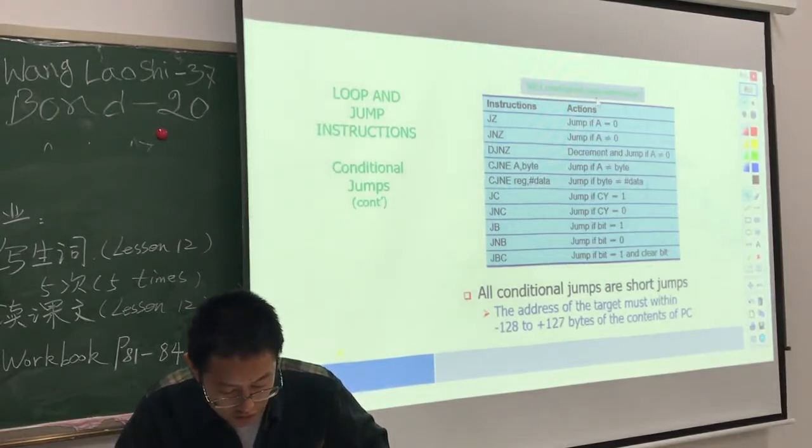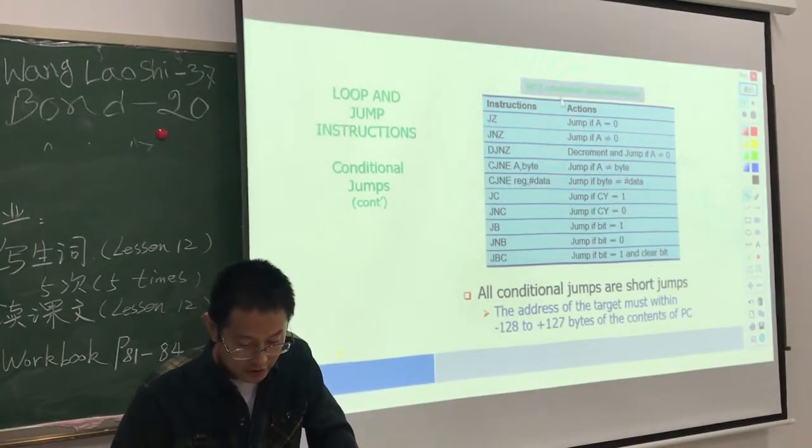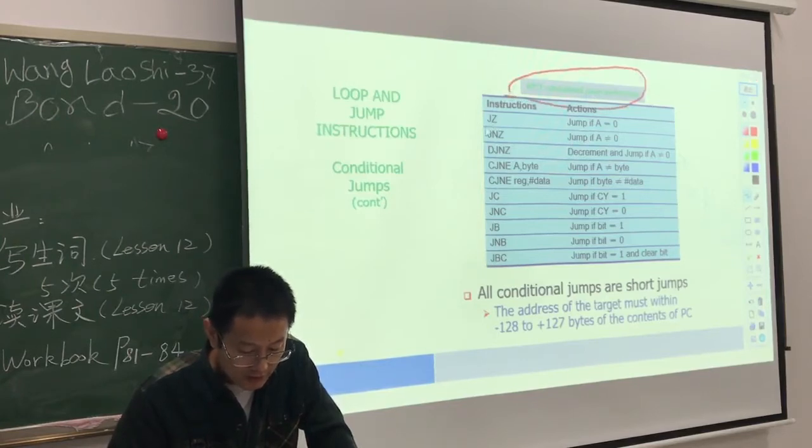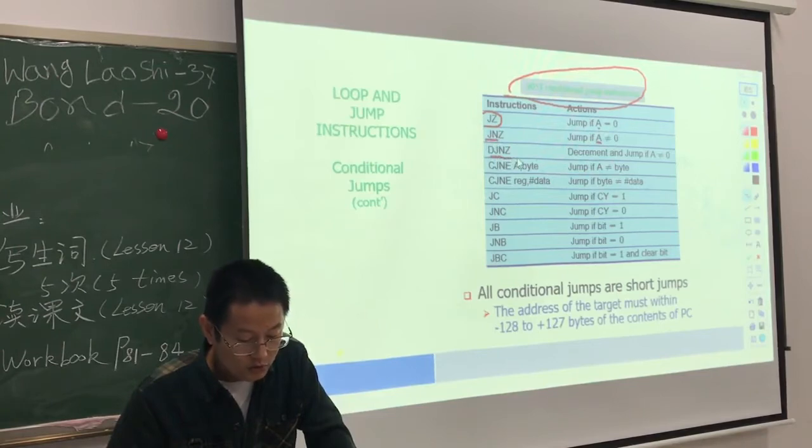Here are the 8051 conditional jump instructions. JZ according to A, JNZ according to A, DJNZ according to the register you used.